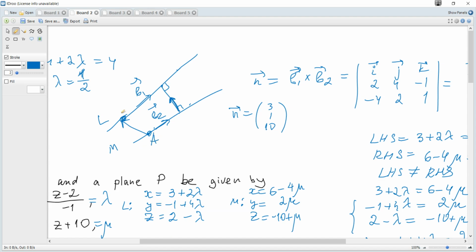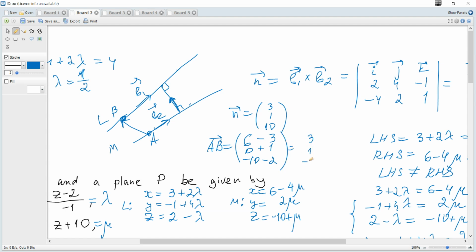So vector AB can be found as the coordinates of the endpoint minus the coordinates of the starting point, so coordinates of B, and it doesn't matter BA or AB, so it becomes 6, 0, negative 10 minus 3, plus 1, minus 2, and it becomes what?